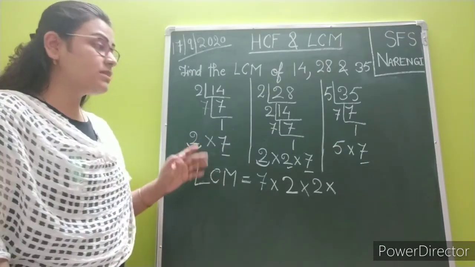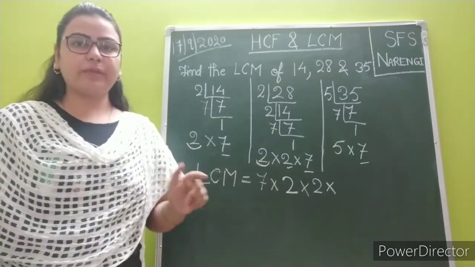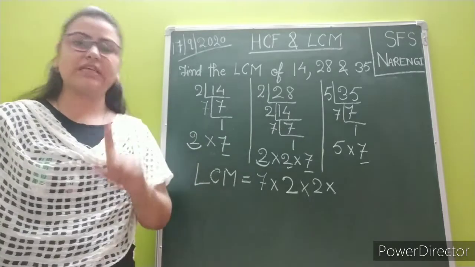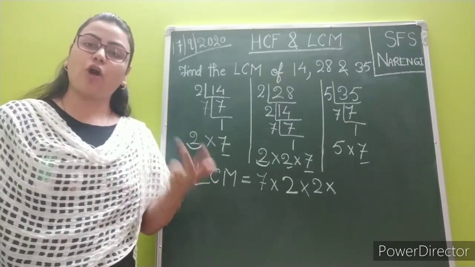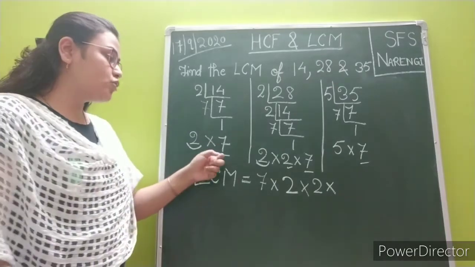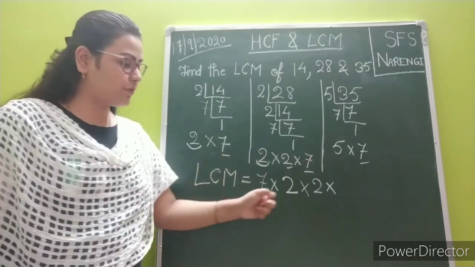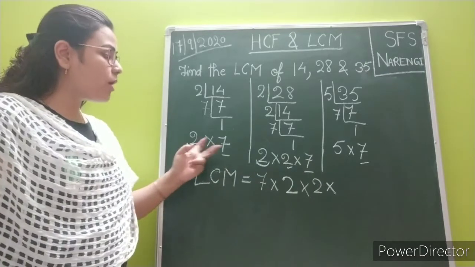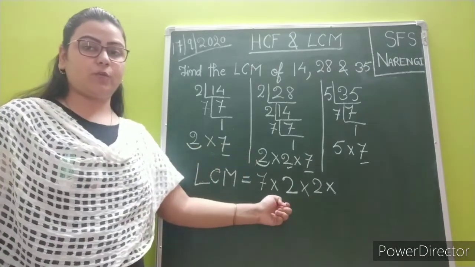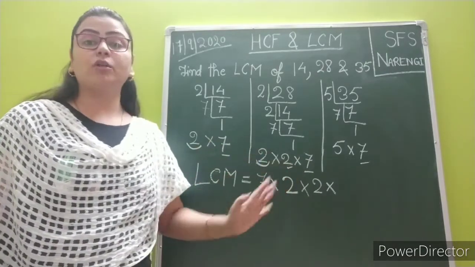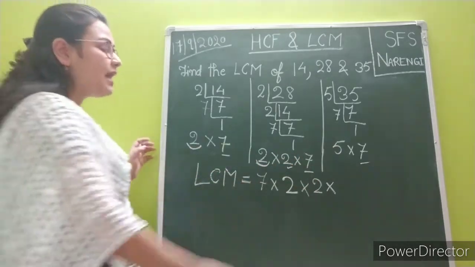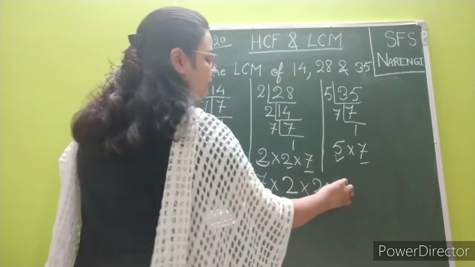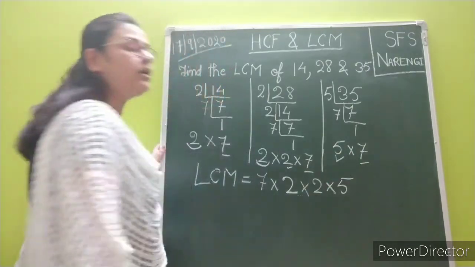For every common number, we will take only one. For every time a factor is common, we are going to take only one. So, 7 is common in all three of them, and we have taken one. 2 is common in two of them, so we have taken one. This 2 is left all alone, it is not having any common, so this one has also come. And last, we have this 5. So, here comes our 5.